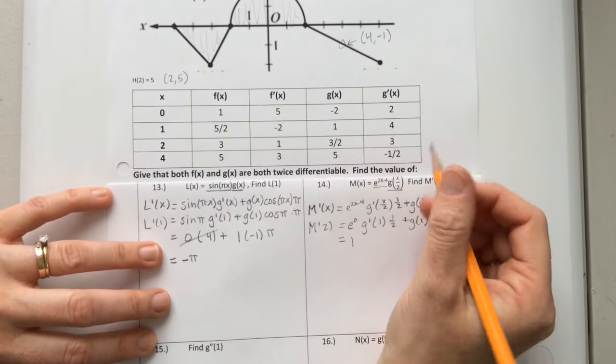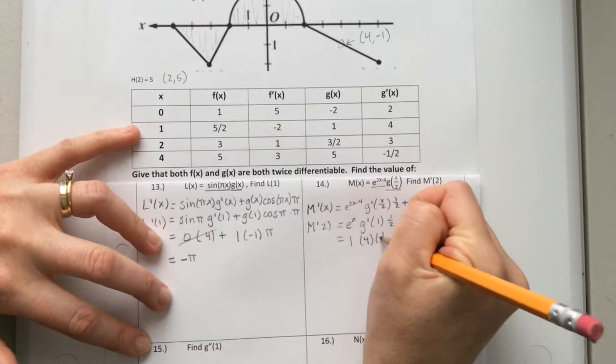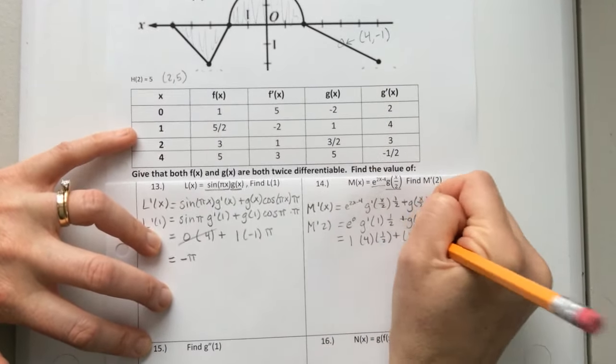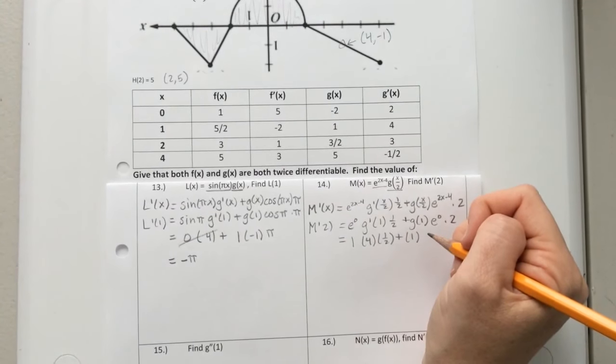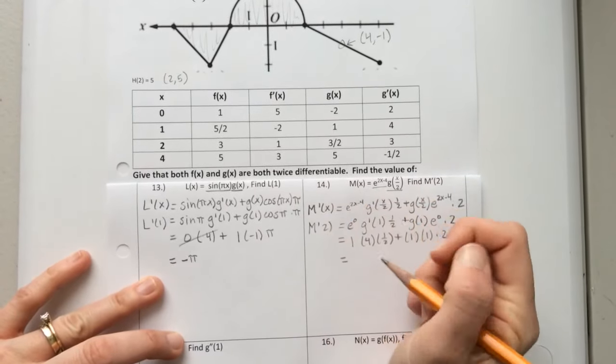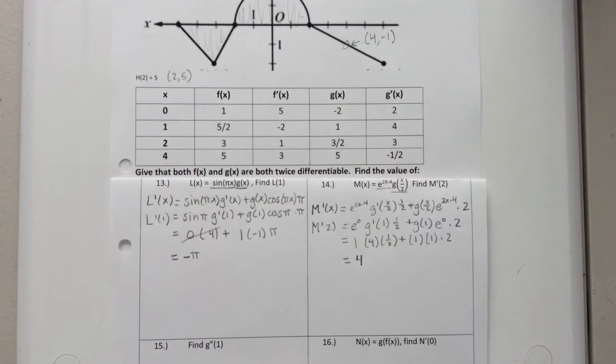G prime of 1 is 4 times 1/2. G of 1 is 1. E to the 0 is 1 times 2. This becomes 2 plus 2 for a grand total of 4.